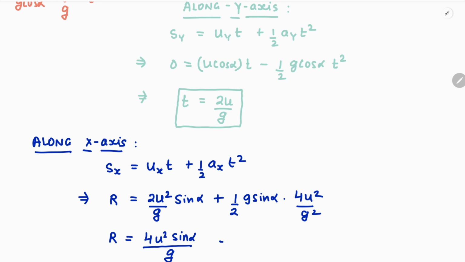If we substitute the value of u equals root 2gh, we get the final answer for the problem, and it is equal to 8h sin alpha. So this is the answer to the problem which we have discussed, problem number 1.31.